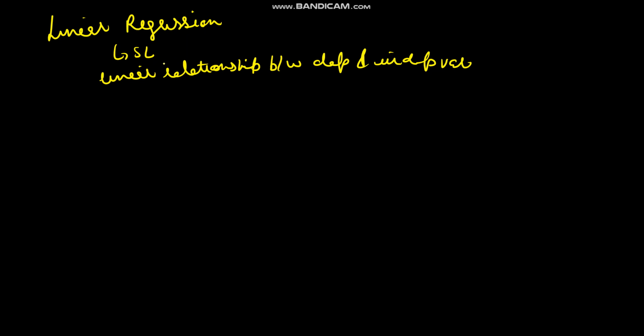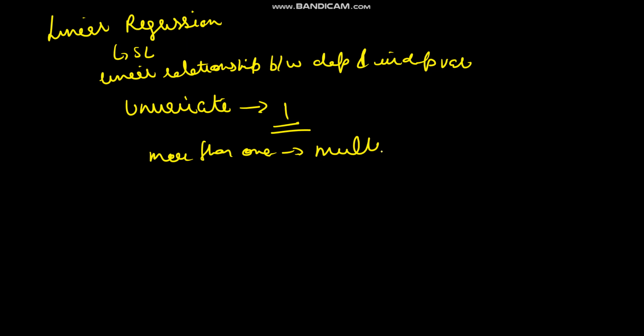When the number of independent features is one, then it is known as univariate linear regression. And if we have more than one feature, then that is known as multivariate linear regression. The ultimate goal of this is to find the best linear equation that predicts the value of the dependent variable based on the independent variable.